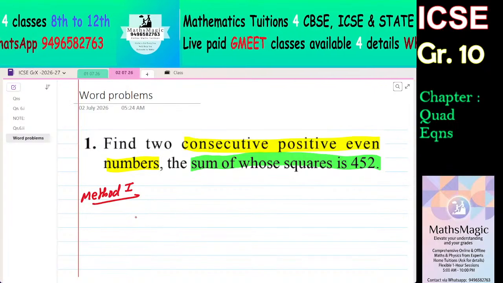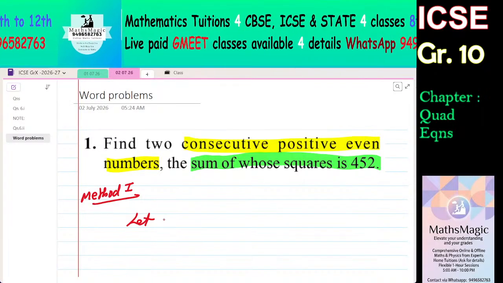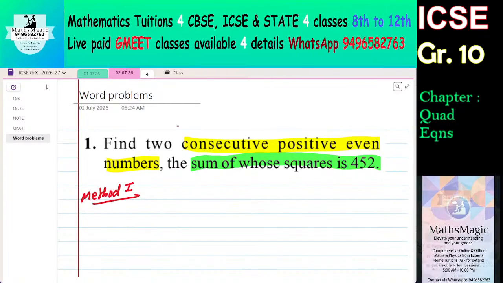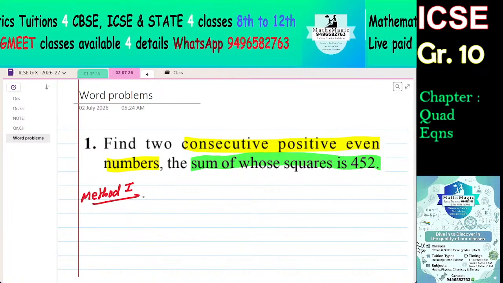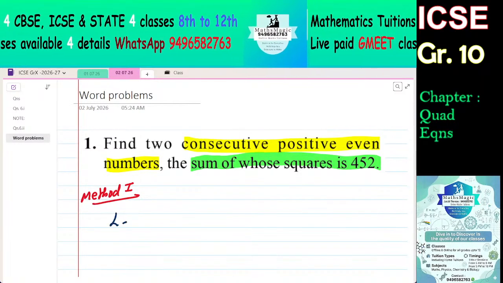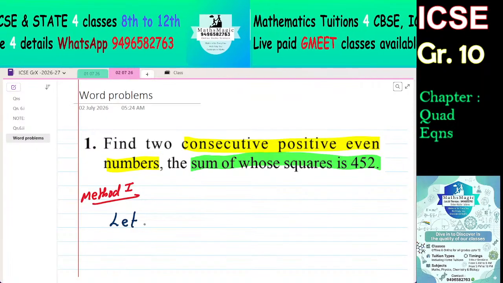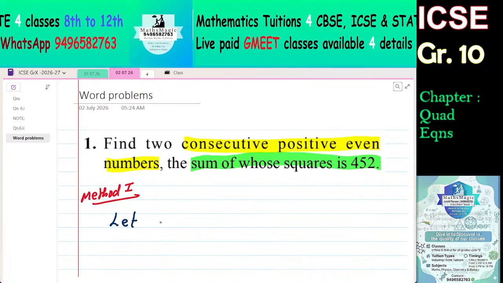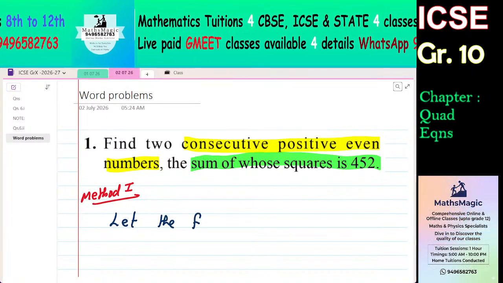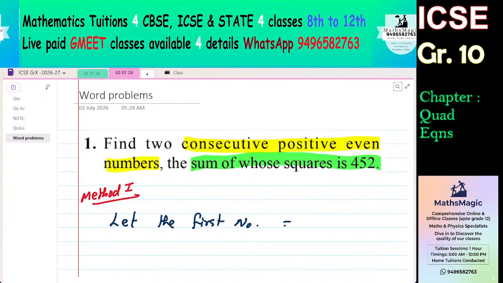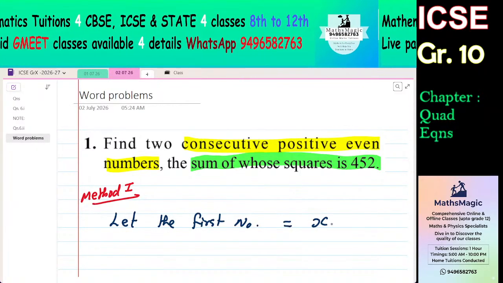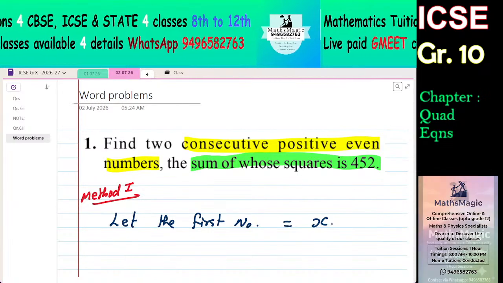So here, try to write the steps so that it will be easy for you to understand later on how the logic is used. Let the first number equal x.